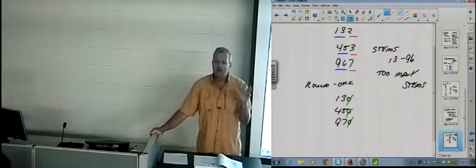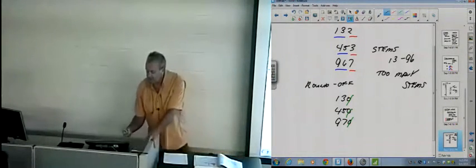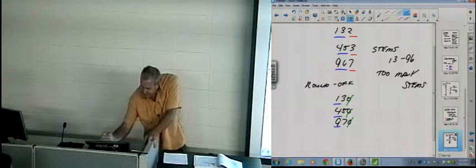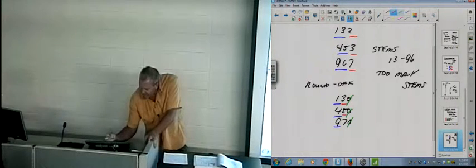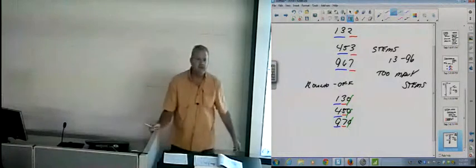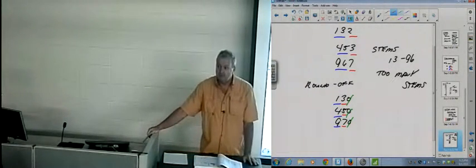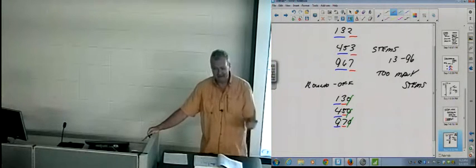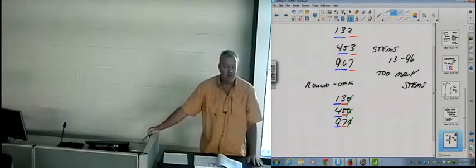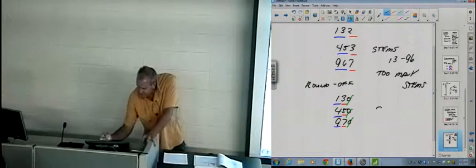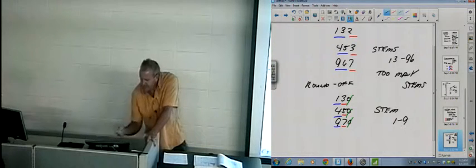Now what about when I start making stems and leaves? Stem, stem, stem. Leaf, leaf, leaf. How many stems am I going to have now? 10. 10 stems, 20 pieces of data. Things should be looking like a halfway decent picture here, right? So here I've got stems 1 through 9.